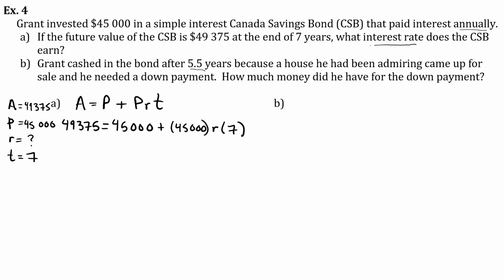Now, let's just simplify it a bit before we start moving stuff around. So 49,375 equals 45,000 plus, if we simplify this, we get 315,000 R. This is what we need to isolate here because it's attached to the R through multiplication, so we're going to subtract 45,000 from both sides.